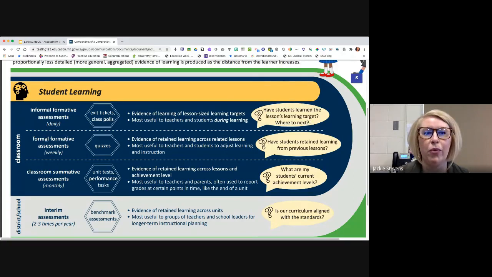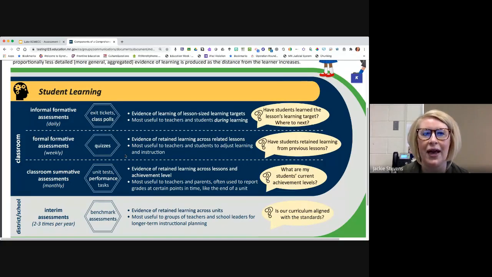Then we have our more formal formative assessments that are done weekly, more likely in the form of quizzes. And it shows evidence that students have retained learning across related lessons. And it answers the question, have students retained learning from previous lessons? So kind of a chunk of lessons together with a quiz, you see how well they did.